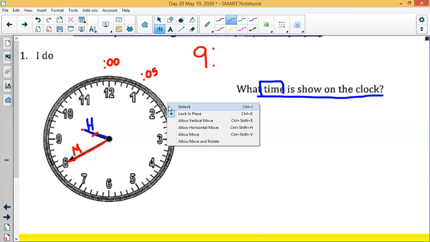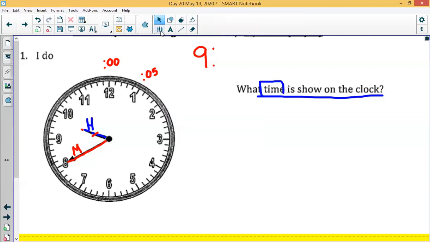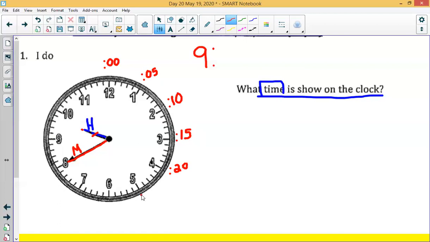Above the 2, would be 10. Above the 3 would be 15. And you keep going until you get to the 8. Remember to put them in increments of 5.